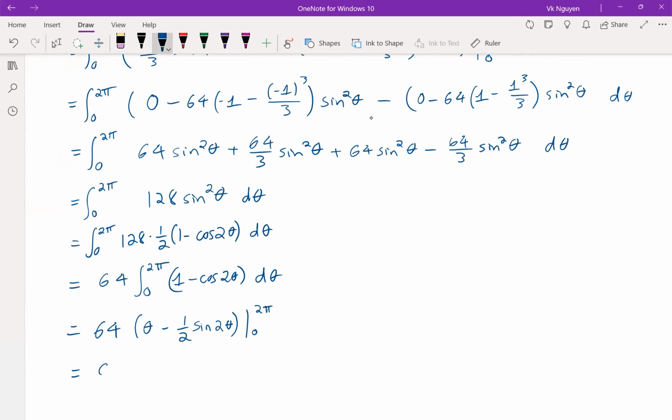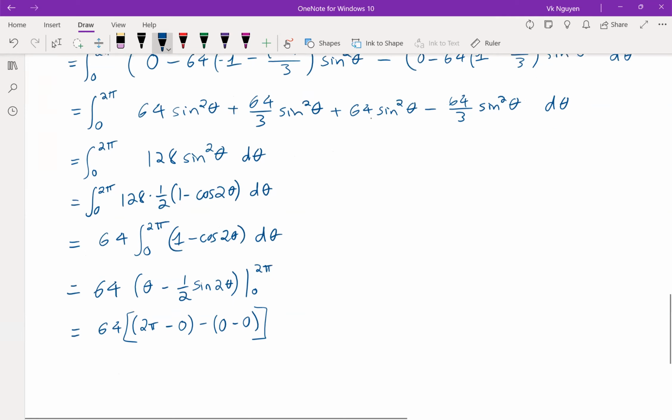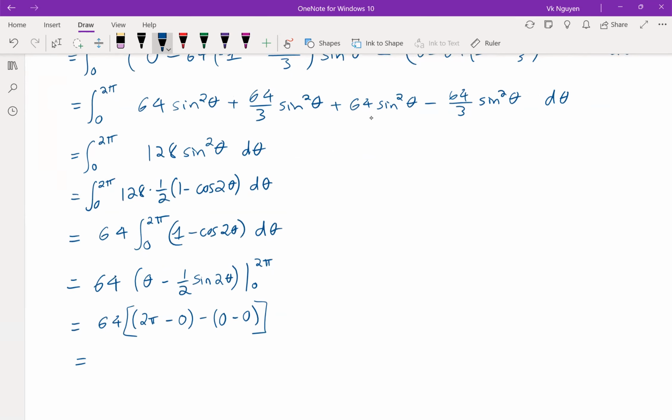Okay, so 64 times 2 pi minus, okay, so we're going to be 0, and then minus 0 minus the 0. Okay, so what we have is 128 pi.